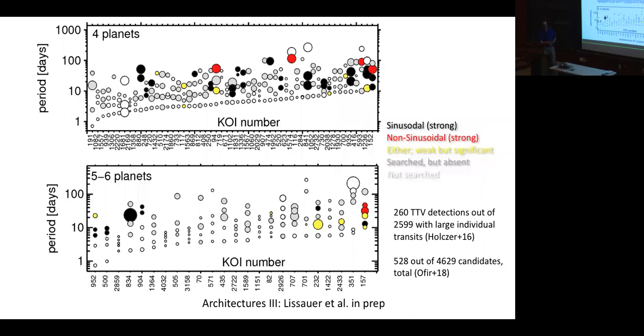And then either sinusoidal or non-sinusoidal, but a little bit weaker, in other words a larger p-value, is in yellow. So in Kepler-11, we have a strong sinusoid, two strong non-sinusoidals, and then 2 weaker signals.